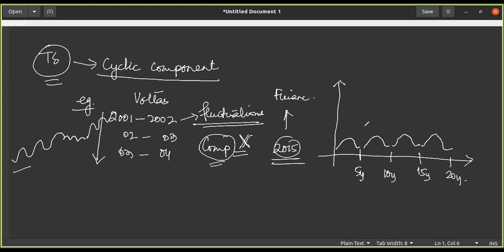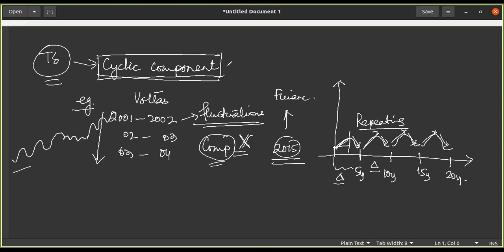There is an increase over some years, then there was a decrease, and this kind of pattern follows for every delta of 5 years. For each delta period of 5 years, I can see this pattern is cyclic. This pattern is repeating itself as a cycle. So if I have any time series where I see this kind of behavior, then that component of the time series is cyclic. This will be very clear when we do some hands-on, or when we try to break it.